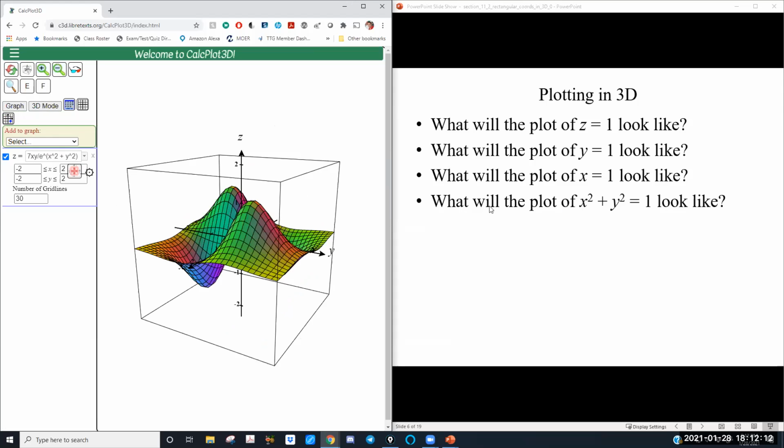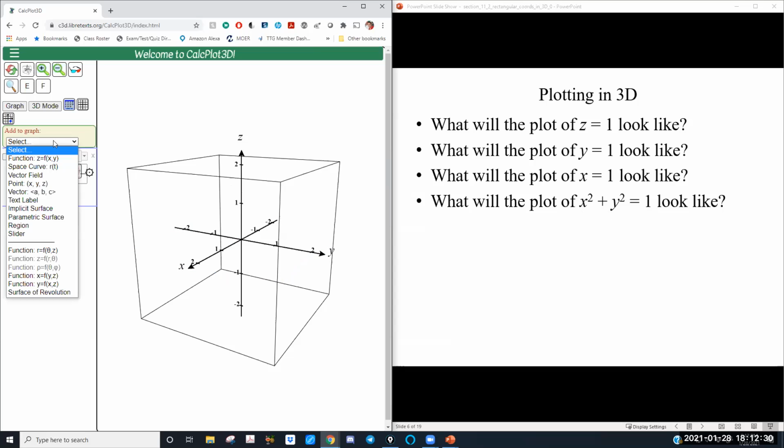All right, if you wanted to plot something like this, x squared plus y squared equals 1. Well, in 2D, x squared plus y squared equals 1 is a circle. And there's no z in here. When there's no z, it just means your circle extends in the z direction. So if we wanted to plot this, because it's not equal to z or y or x, this is where you would do what's called an implicit surface.